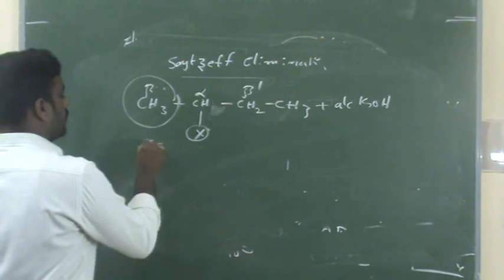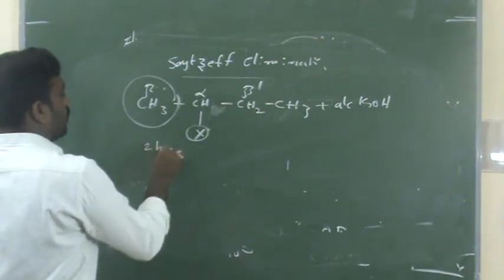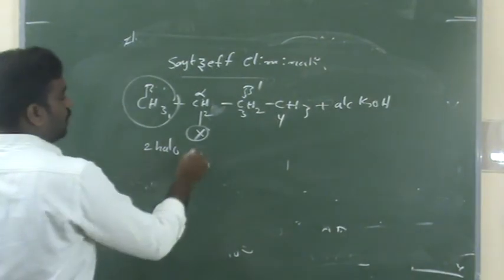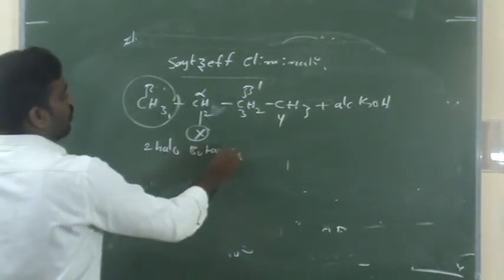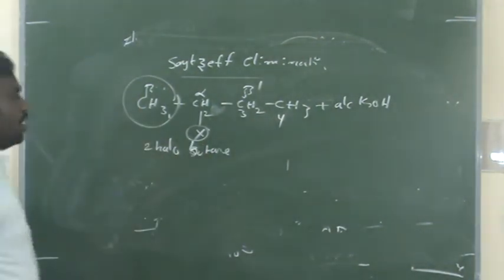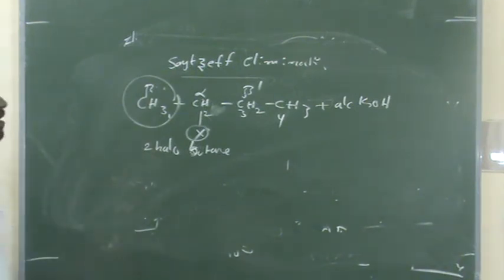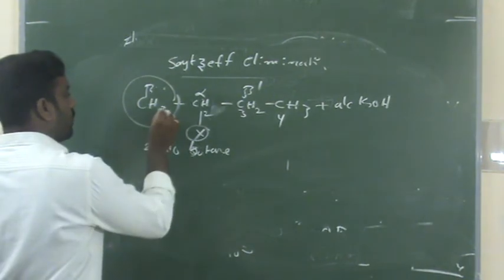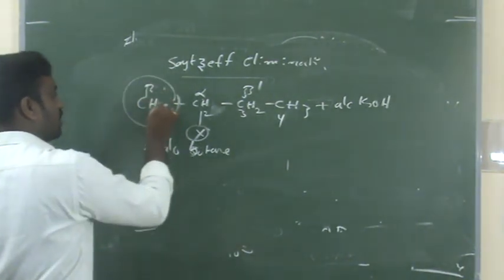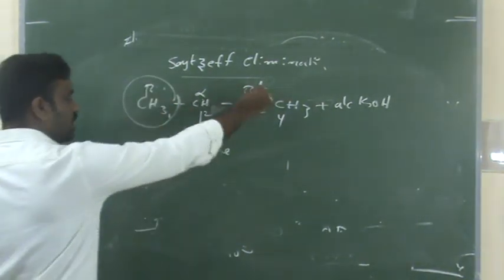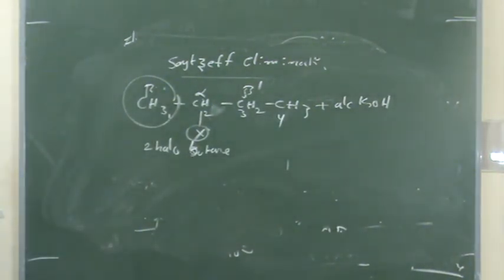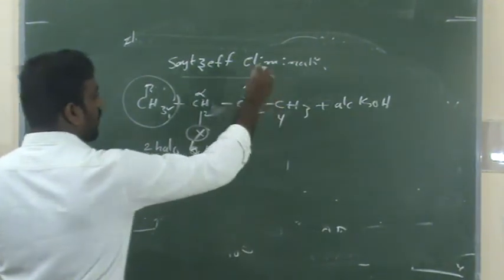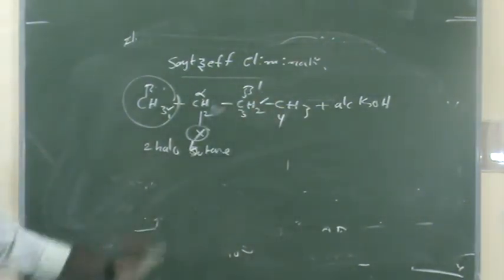This is called 2-halobutane. Here we can remove the X, but there is a hydrogen on this beta position and also on this beta dash position. Whether we can remove this hydrogen or that hydrogen is explained by Saytzeff elimination.